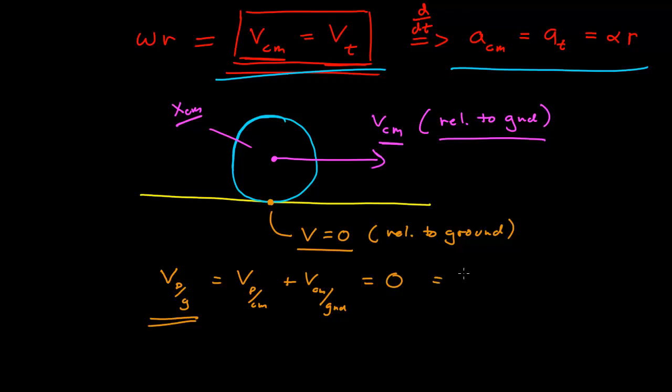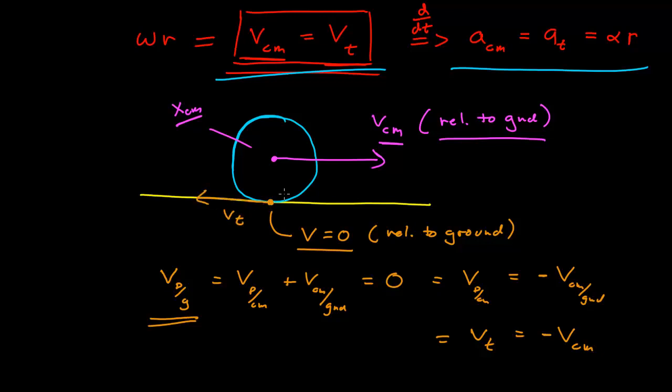So this is saying that the velocity of the point relative to the center of mass is equal, in magnitude and opposite in direction, to the velocity of the center of mass relative to the ground. This thing right here is just the tangential velocity, so the tangential velocity is equal to negative the velocity of the center of mass.